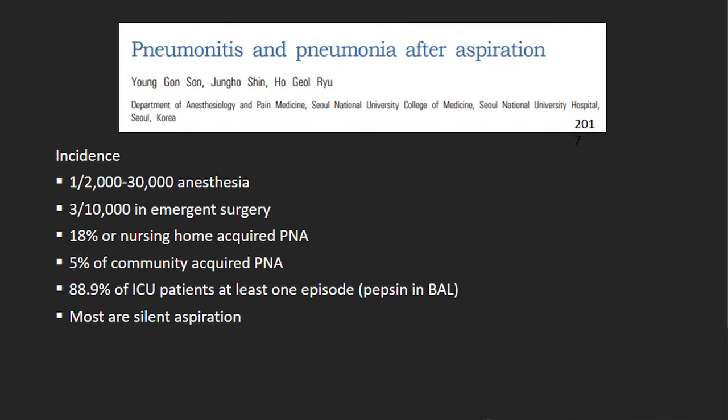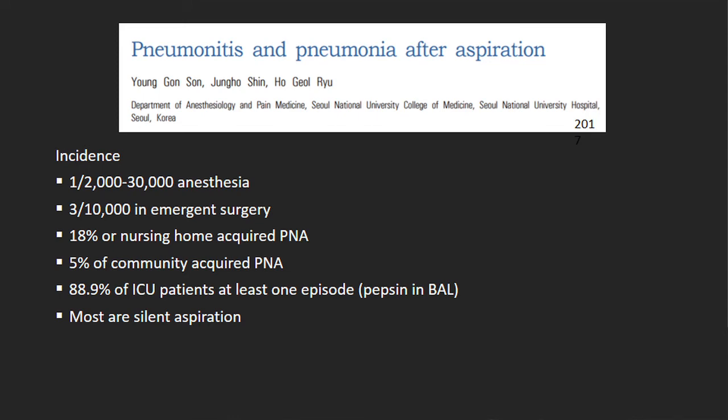And then this was interesting because they found that 88.9% of ICU patients have at least one episode of aspiration. So that's a lot. And they based this on measuring the pepsin in bronchoalveolar lavage. Almost 90% of patients at some point have aspirated based on the presence of pepsin in the BAL fluid.